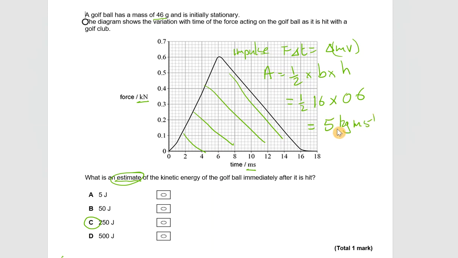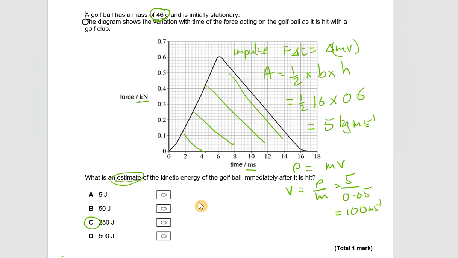So knowing that that's the change in momentum, and knowing that momentum, which has the symbol P, is equal to mass times velocity, I can find that change in velocity. The momentum is 5. The mass, well, again, we're after an estimate, is 46 grams, which is approximately 0.05 kilograms, which gives 100 meters per second.